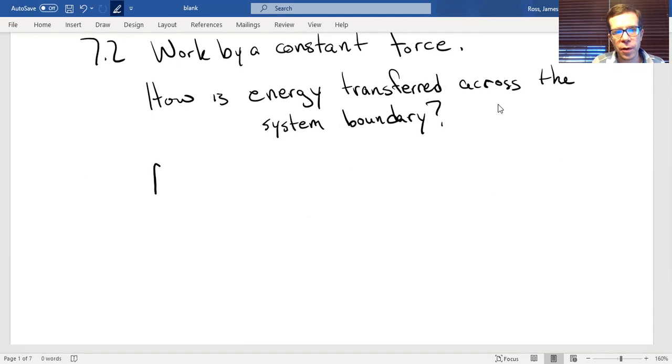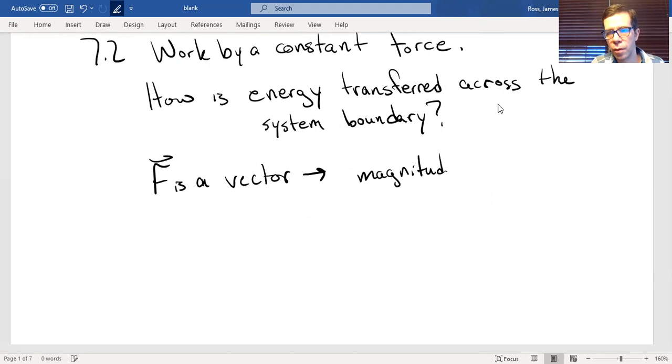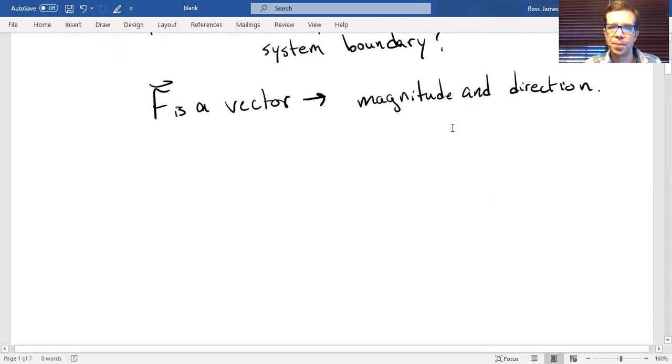So remember, force is a vector. So that means magnitude and direction. And when we mean that it's not varying, that means that the direction is also not changing.